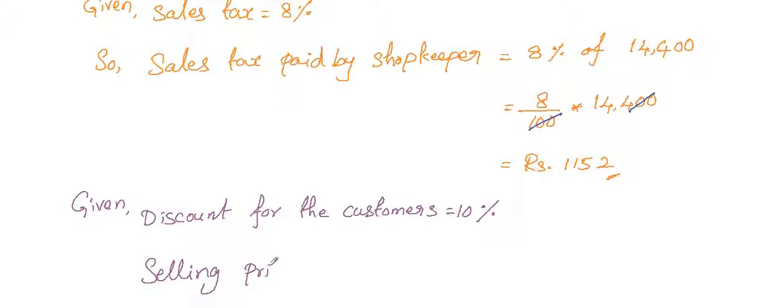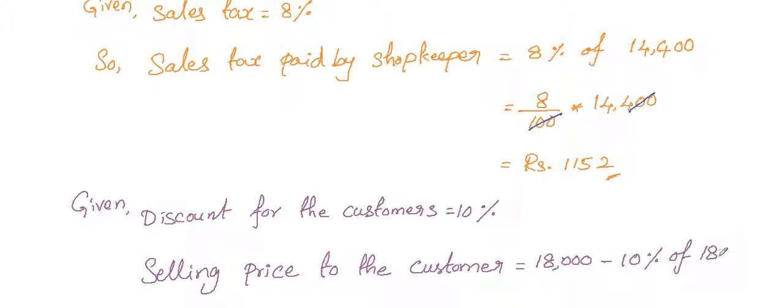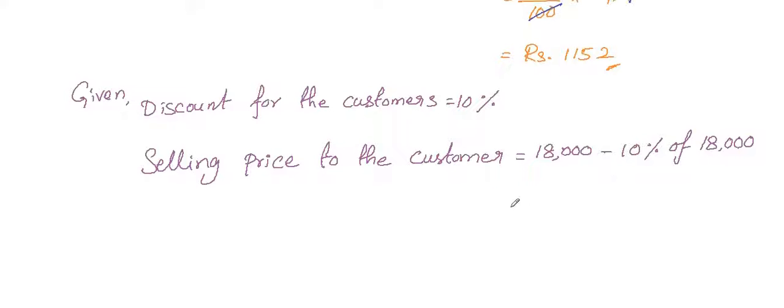So selling price to the customer or consumer is 18,000, the printed price, minus 10% of that 18,000, because here we have just 10% discount for the customer. So 10% can be written as 10 by 100 into 18,000. If you simplify this, we'll get 18,000 minus 1,800.